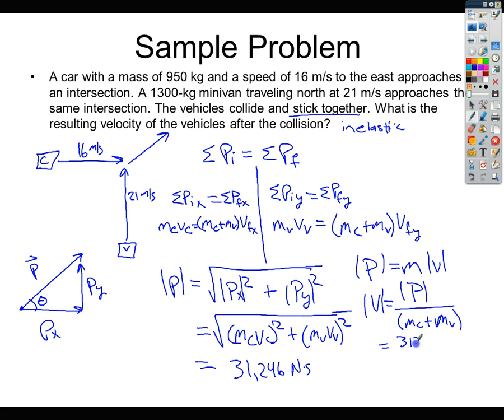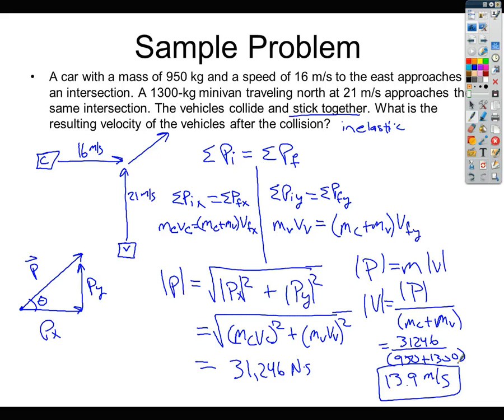You put 31,246 on the top and the mass of the car plus the mass of the van on the bottom, and you should end up with 13.9 meters per second, the final speed of both objects.